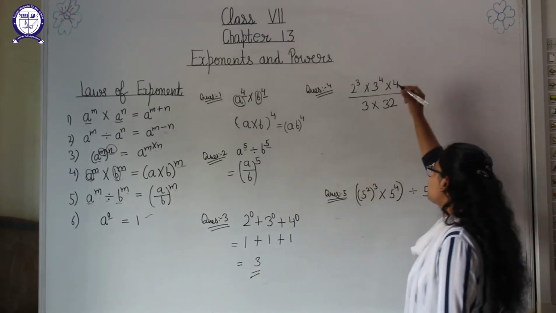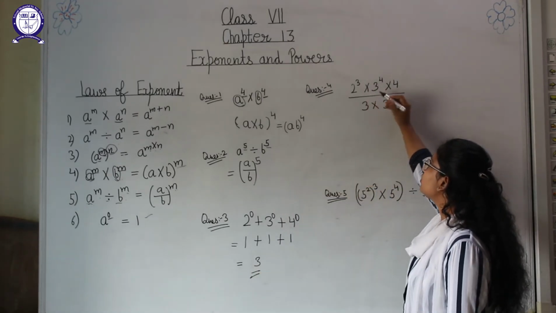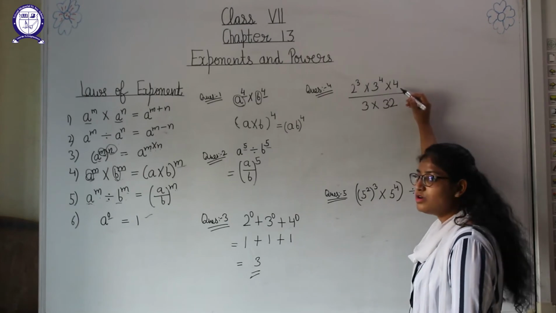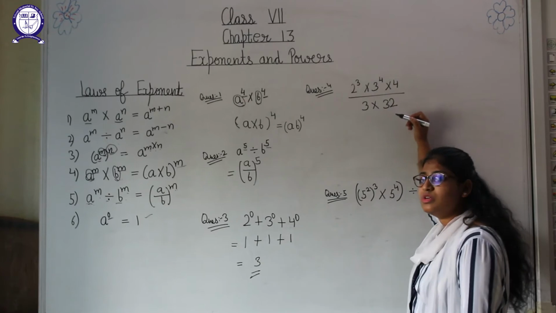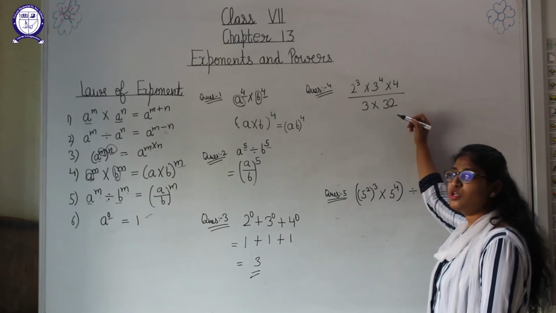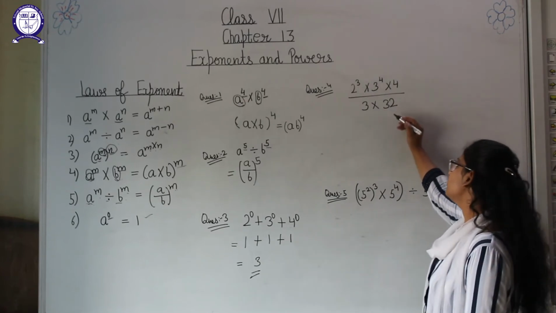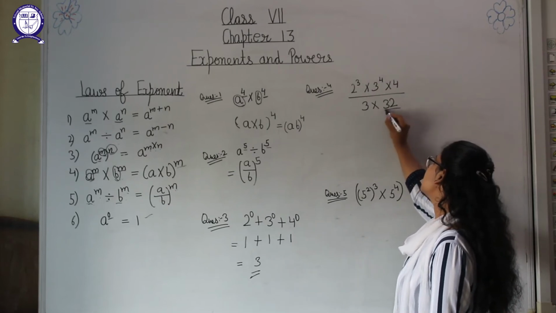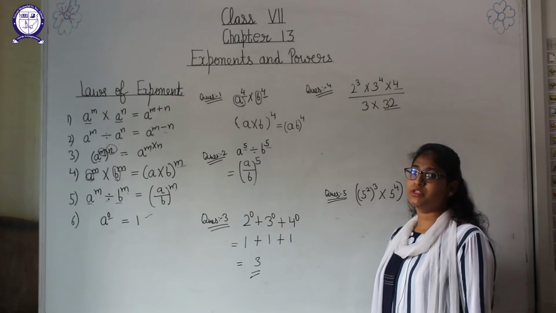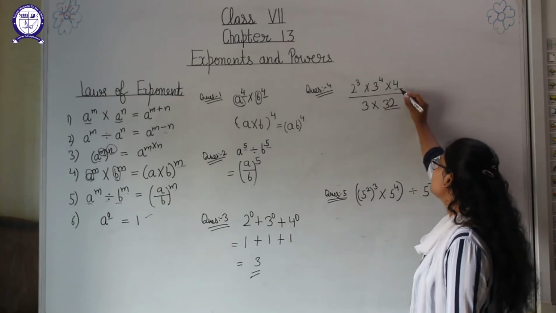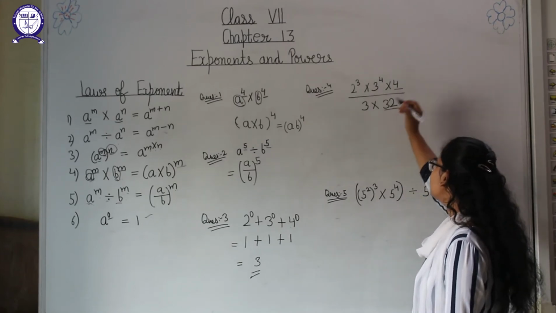Now fourth question is 2 raised to the power 3 into 3 raised to the power 4 into 4 divided by 3 into 32. So students, in these kind of questions, what you need to do? First of all, you will change these big numbers into the exponential form of prime numbers. Here it is 4, so what can we write for 4?